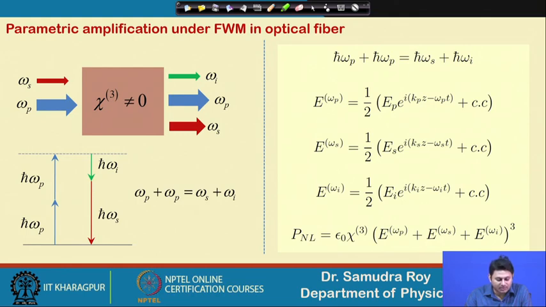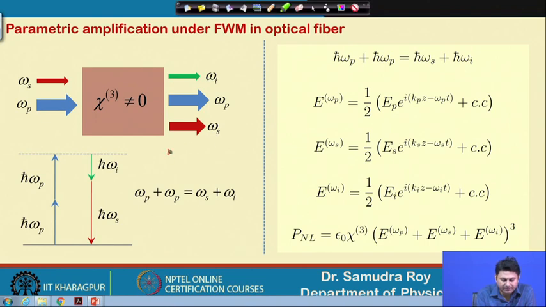Using this concept, now we try to apply this in fiber optics, where we launch, this is the schematic diagram of what is going on here. We launch a very strong pump, omega p, and a very weak signal, and in the output we are going to generate omega I, which is the idler, and omega p is still there because I am launching a very strong pump, and here the signal is amplified.